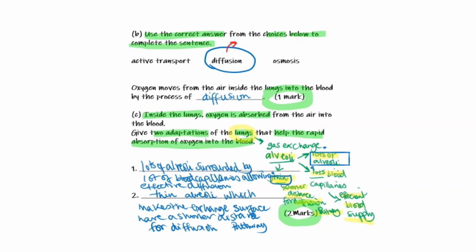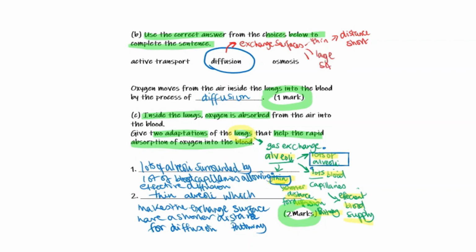The linking word for today is diffusion. When we think of diffusion, we should think of exchange surfaces. When we think of exchange surfaces, we should think of thin. When we think of thin, we should think of the distance being short. Think of exchange surfaces, think of large surface area.